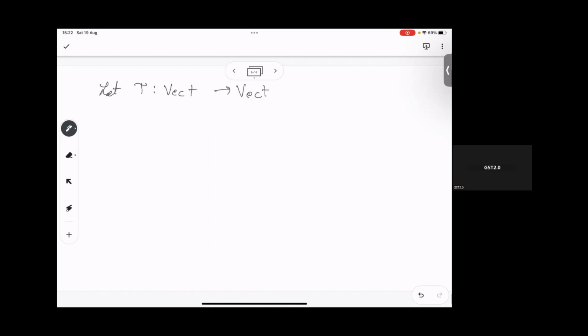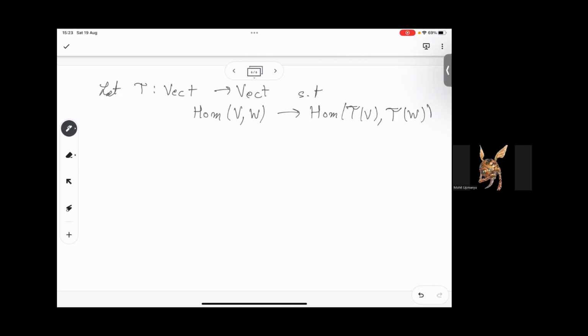Okay. If T is a functor from vector spaces to vector spaces, such that the map Hom(V, W) to Hom(TV, TW) is continuous.